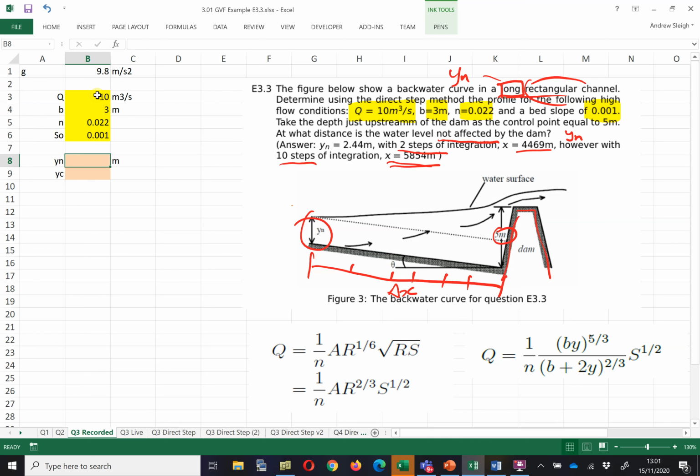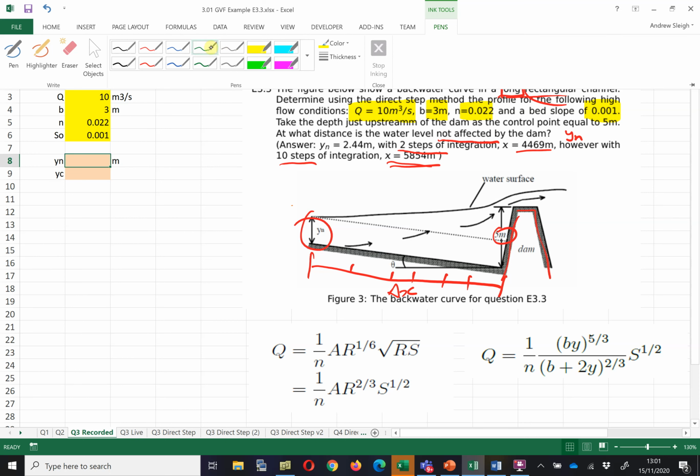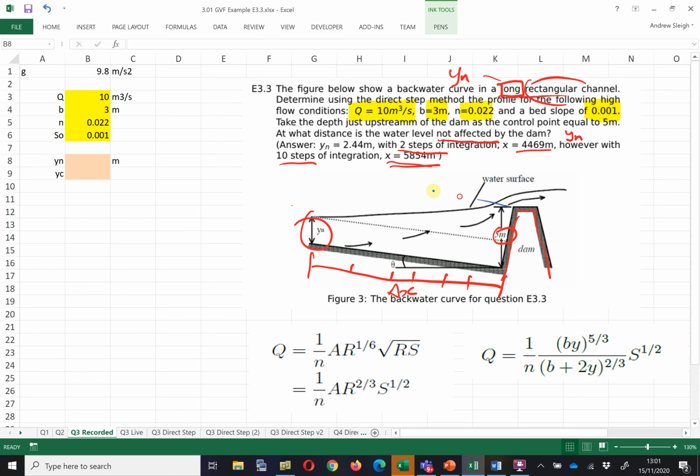Okay. Right, normal depth. We're going to have to calculate normal depth because we need to know what our delta Y steps are. Now what I'm talking about there. So we're going to do 10 steps from this level.